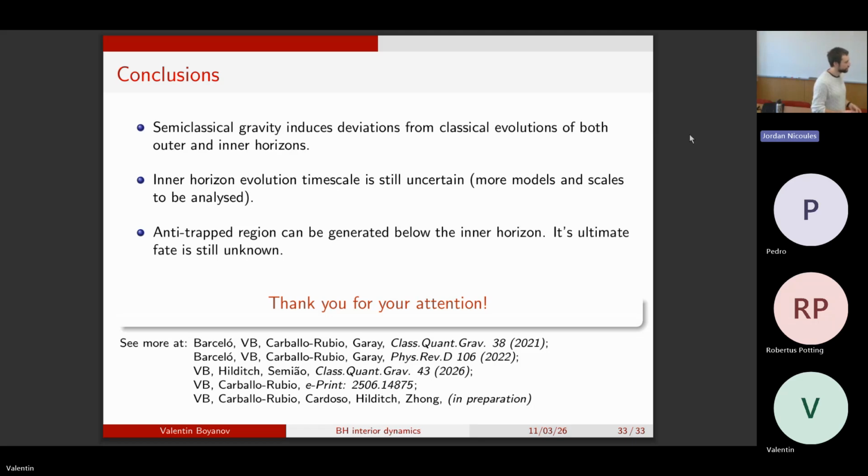Also, you get things from the environment, but I would say that definitely at late times it decays.